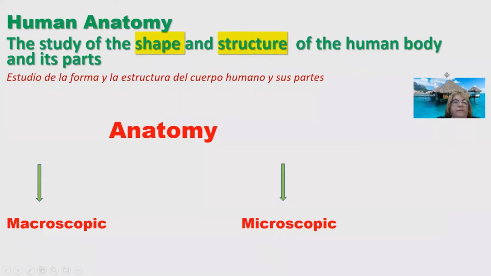The human anatomy is the story of the shape and structure of the human body and its parts. Anatomy is divided into two big branches: macroscopic anatomy and microscopic anatomy.